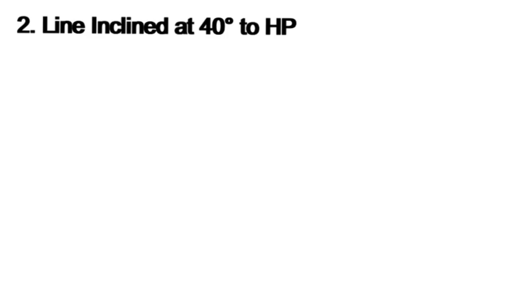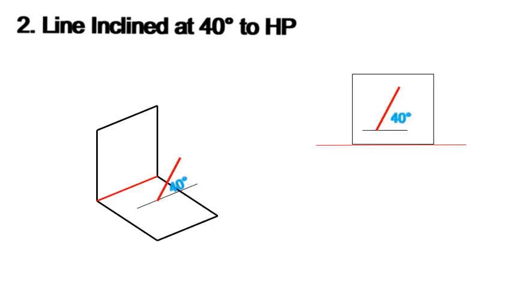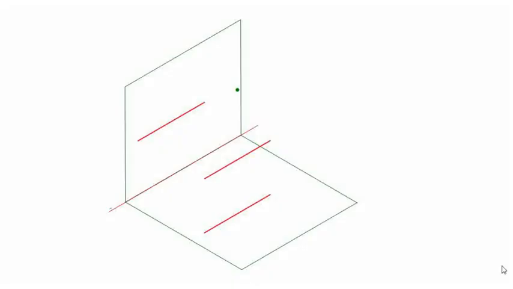Case 2. Line inclined at 40 to HP. Now let's make things a bit more interesting. Suppose our line PQ is inclined at 40 to the horizontal plane HP. Here's how we handle it. First, we fix one endpoint. Say P, we locate it with the given distances from HP and VP.